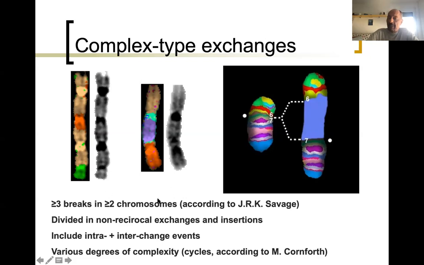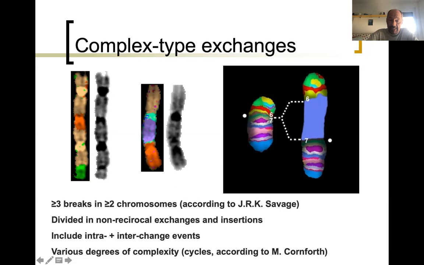You see that is a complex exchange, because how many breaks do you have? You have 1 break here, and you have 2 breaks in the original chromosome. So you have 3 breaks in 2 chromosomes. So it is actually a complex exchange.